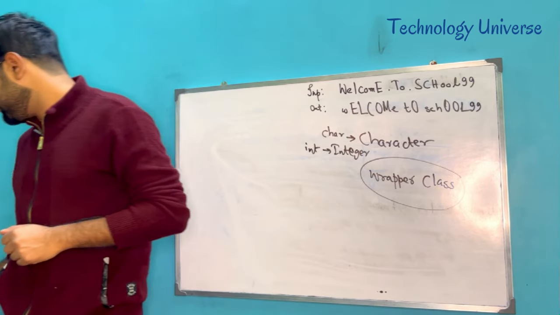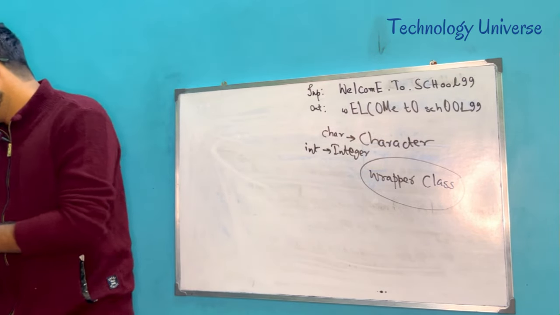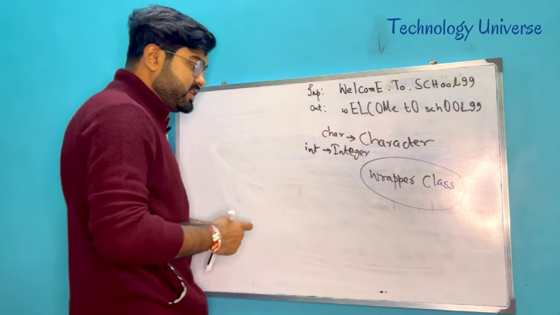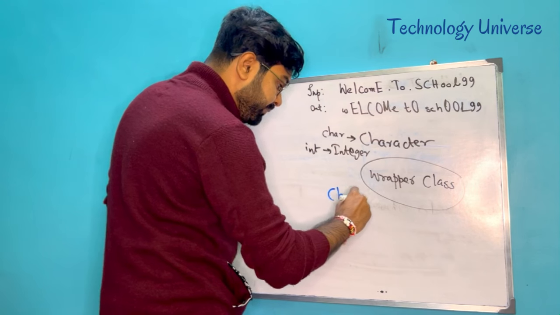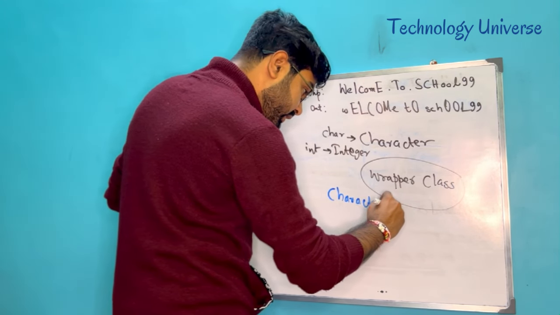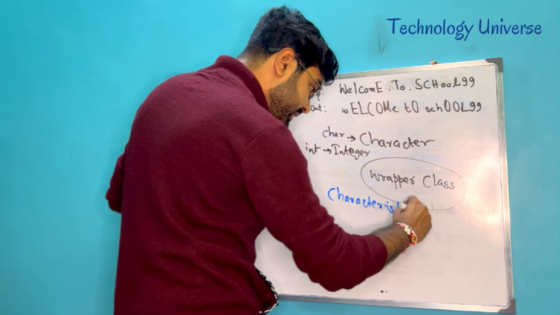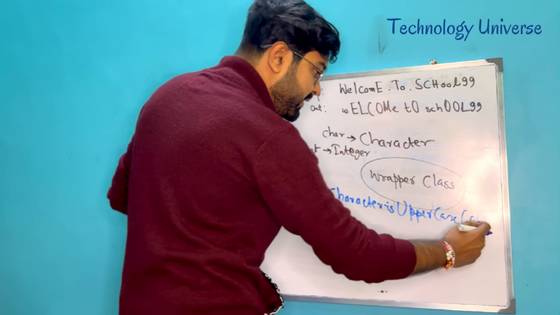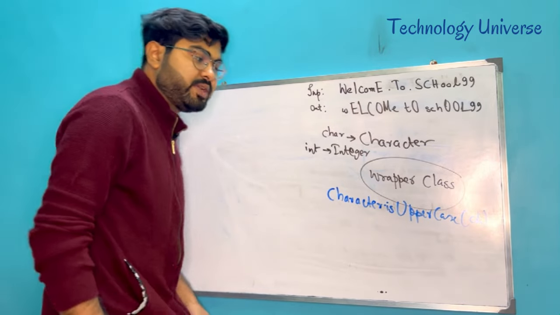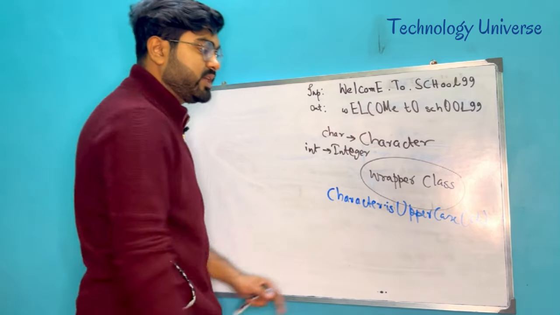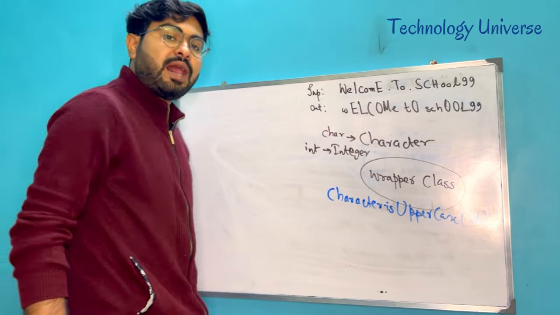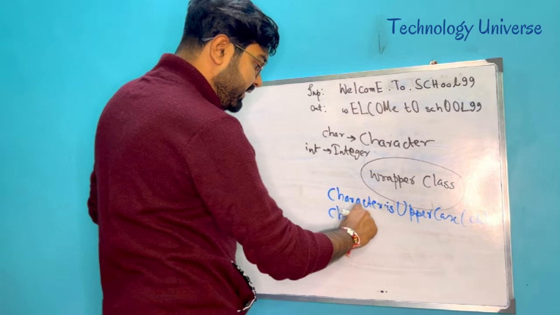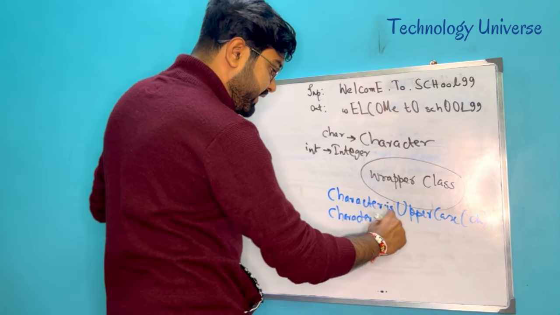Okay. Now for the Character wrapper class, we have methods like Character.isUpperCase. Note that if we pass a character parameter here, this method checks whether that input parameter is uppercase or not. Similarly, we also have Character.isLowerCase.